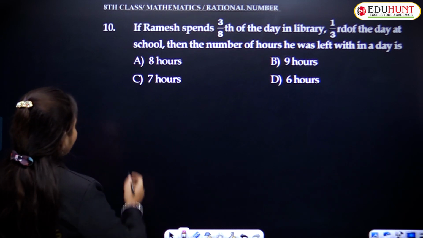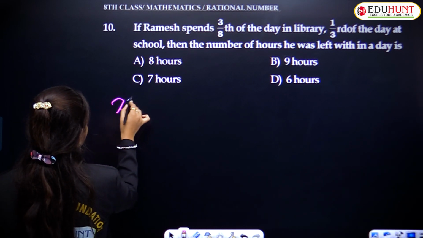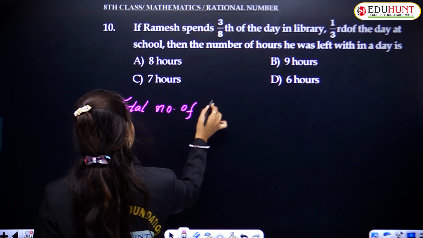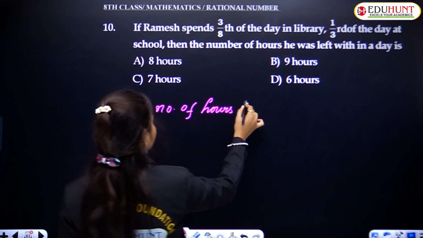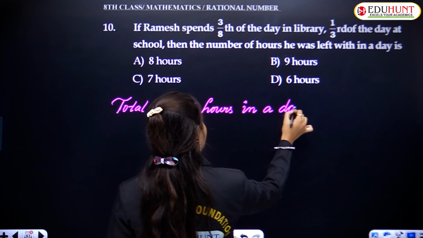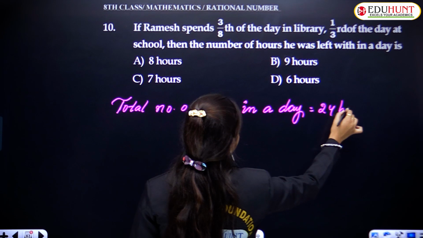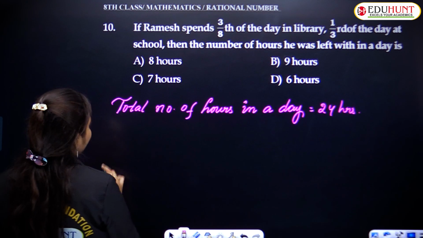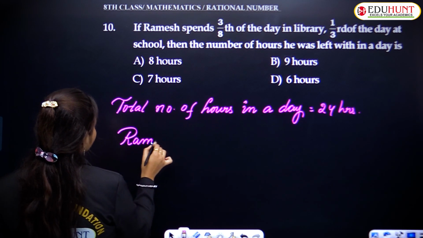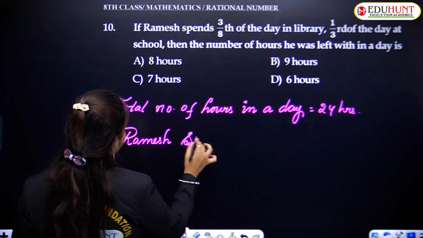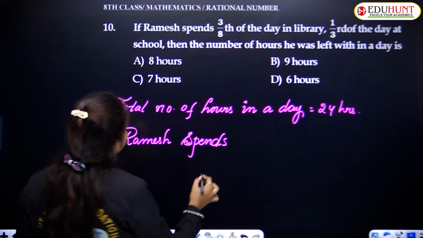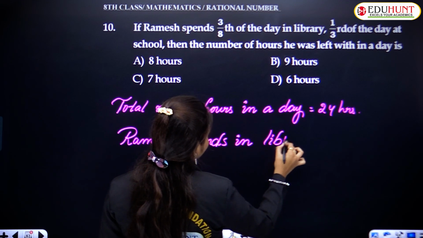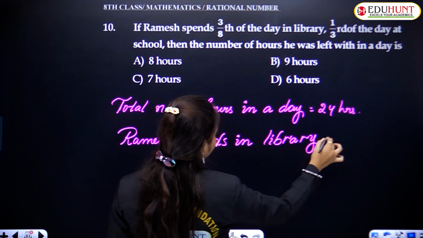So the total number of hours in a day: how many hours are there? 24 hours, right? In a day, totally 24 hours. Now Ramesh spends time in the library.